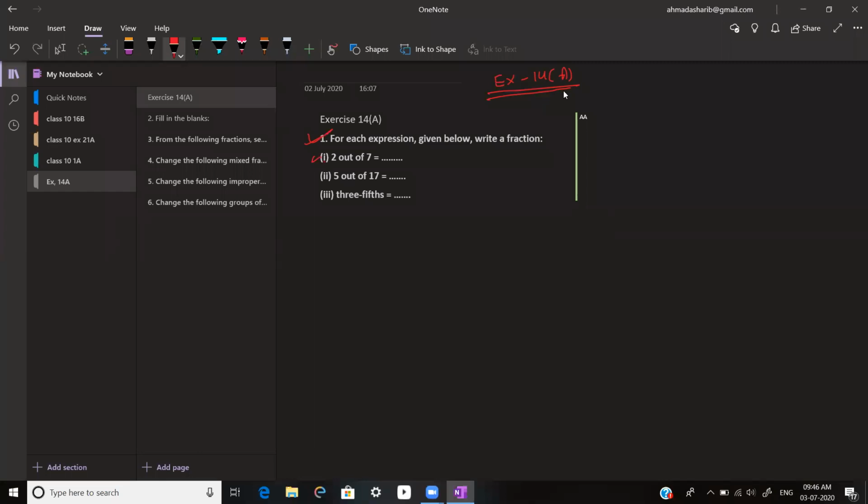Suppose you have to give a test and in that test, you have achieved 9 marks out of 10. If I ask you to write this in the fraction form, how are you going to write it? 9 upon 10. 9 upon 10 means 9 marks out of 10.